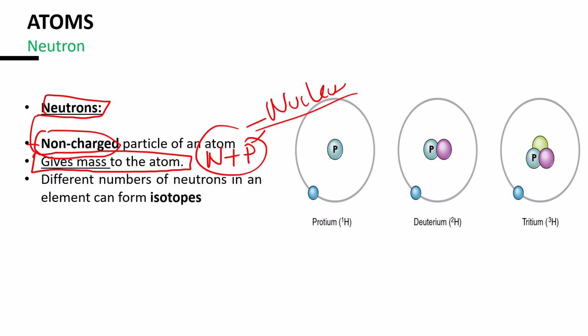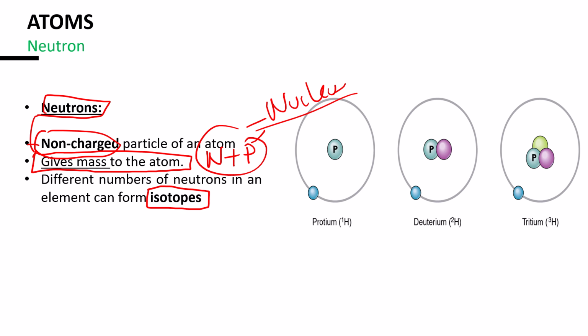And we just said, for example, carbon is carbon because you have 6. Now, with neutrons, you can have the same amount of protons but a different amount of neutrons in an atom, and the atom will still be the same atom.